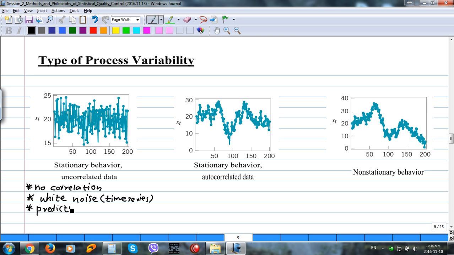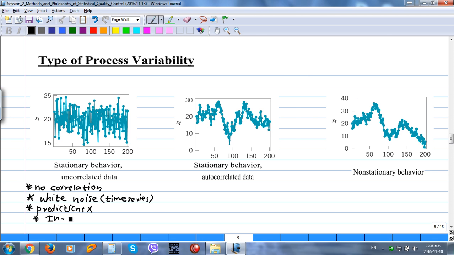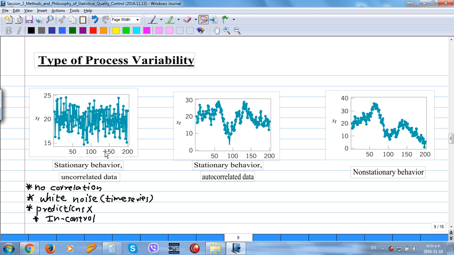In this type we can't do predictions based on past values. This process is a statistically in control process. So these things we can see in stationary, uncorrelated data.